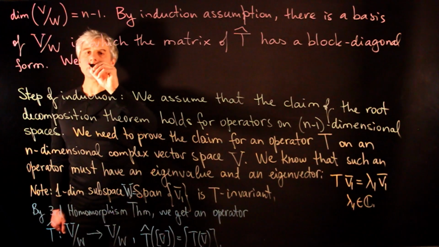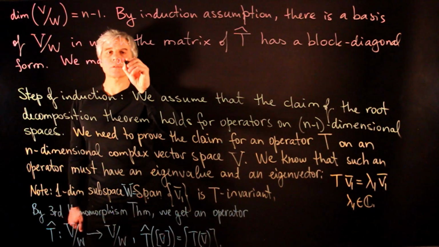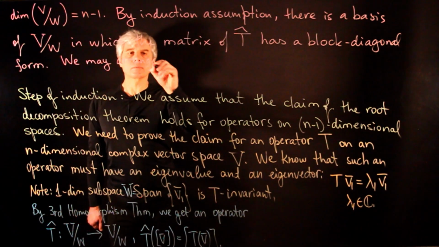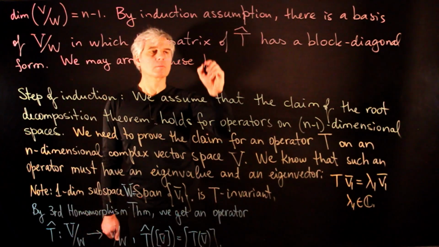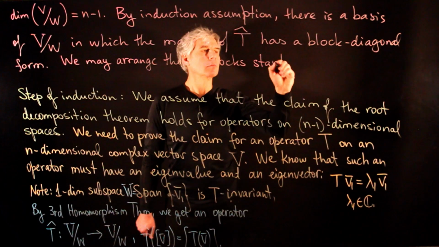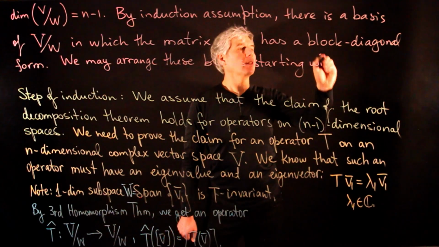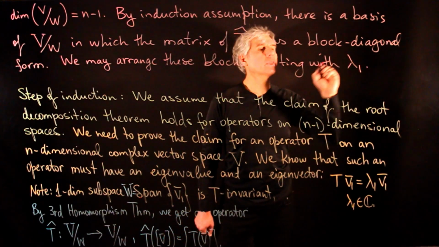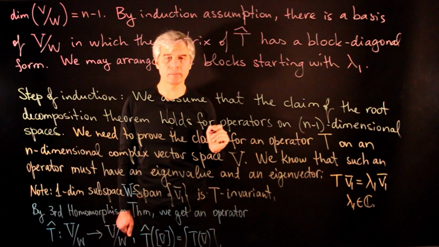We may arrange these blocks starting with lambda 1, if lambda 1 is an eigenvalue of T hat.